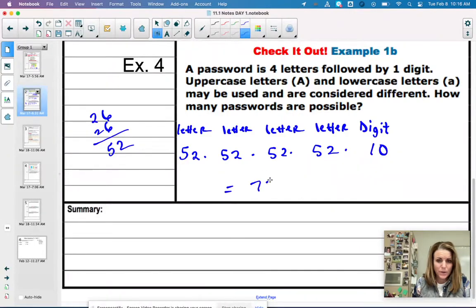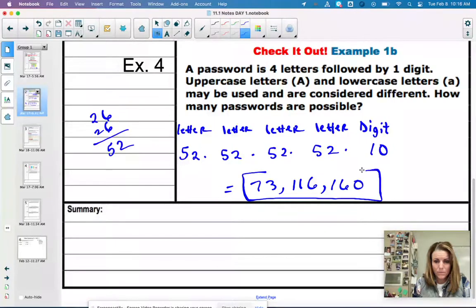Multiplying all those together, that is how many passwords are possible using 4 letters, uppercase and lowercase, and 1 digit. I'm going to move on, but obviously, since it's a video, you can pause at any time.